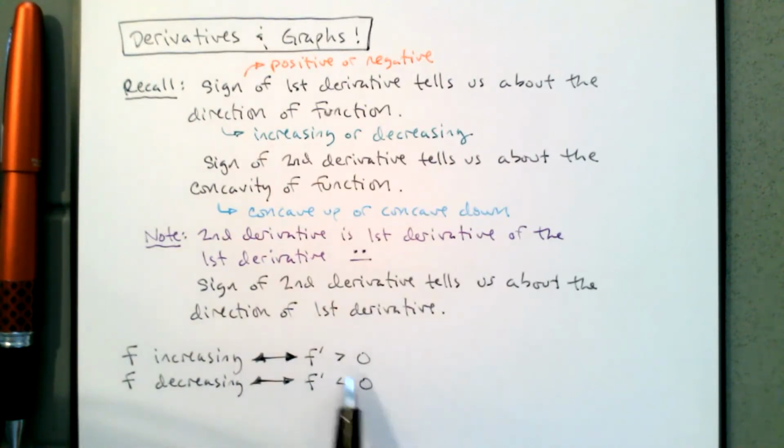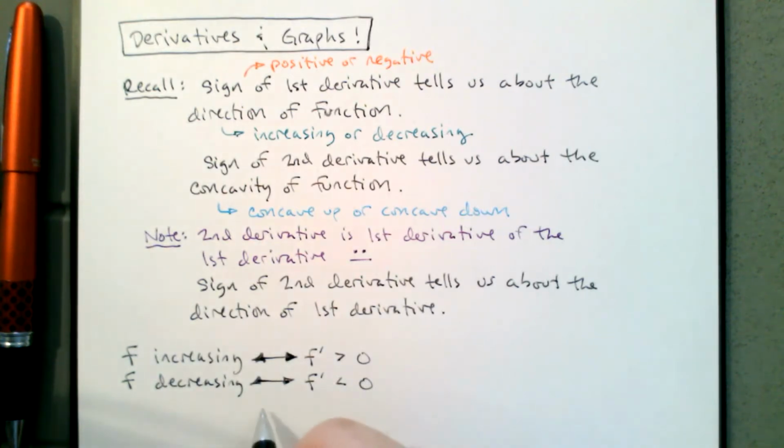The sign of the first derivative tells us about the direction of the function. The first derivative can be positive, negative, or also zero, which is neither positive nor negative.